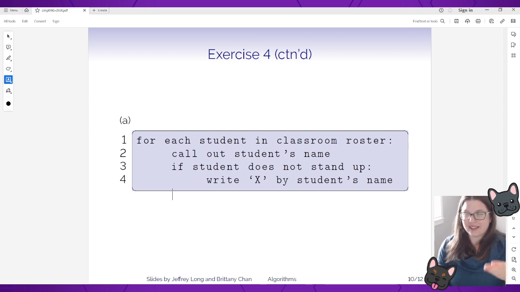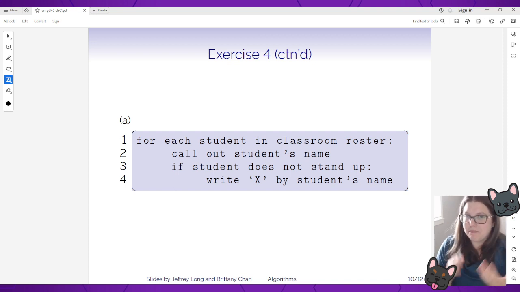So ideally, this type of algorithm would be happening in front of a classroom of students. And we have to write on this class roster that we have. So we probably need some kind of writing utensil. Otherwise, it's going to be very difficult to write that X if we needed to, right?